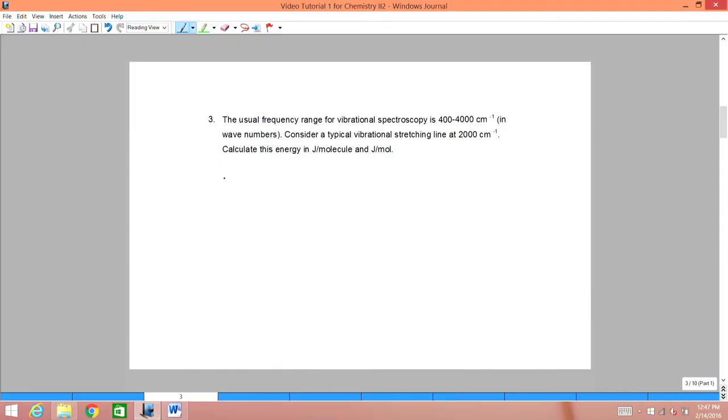Therefore, this nu bar corresponds to a transition between, say, some vibrational state due to the stretching line, having a V1 and a V1 plus 1. This corresponds to about 2000 centimeter inverse. This is centimeter inverse. SI units are meter inverse.